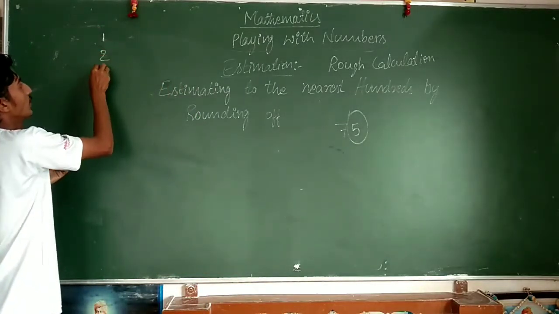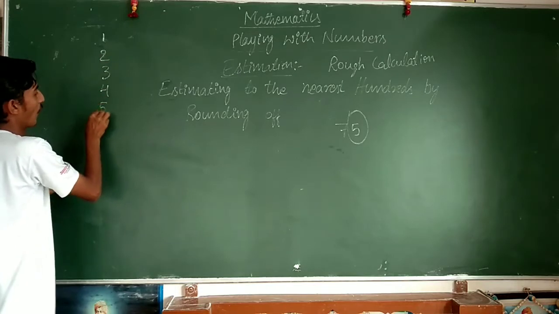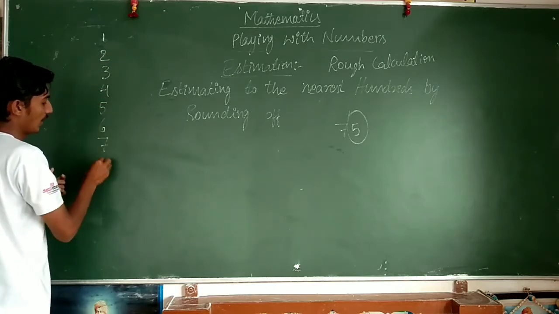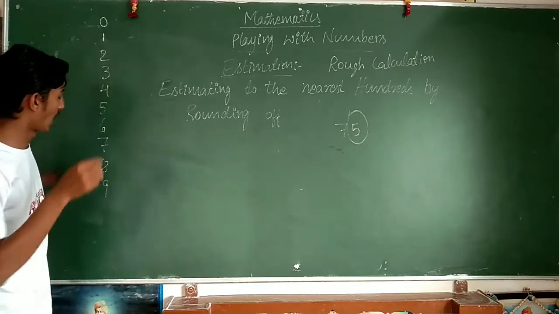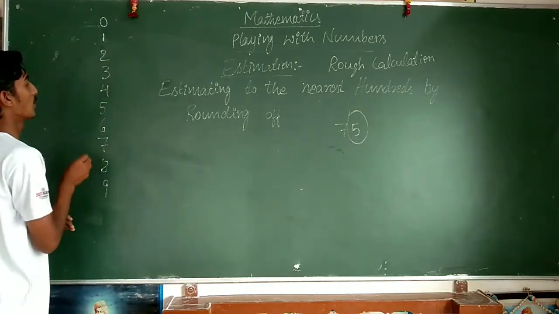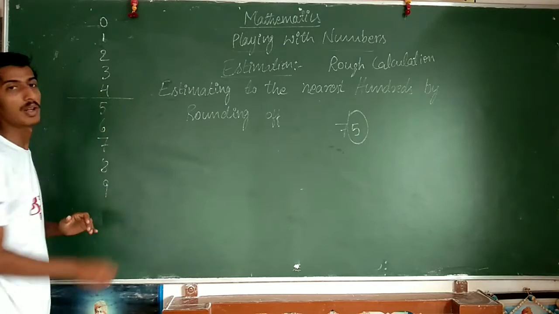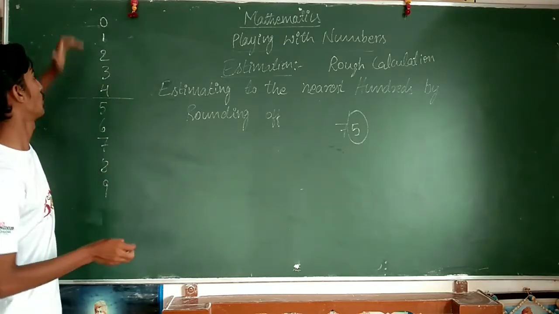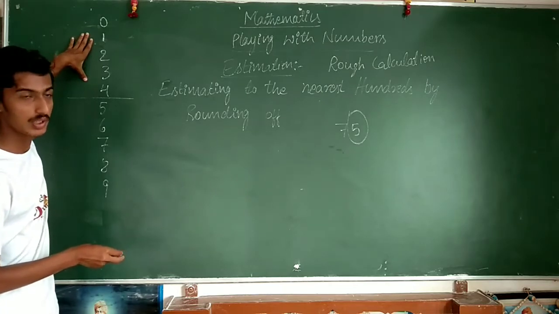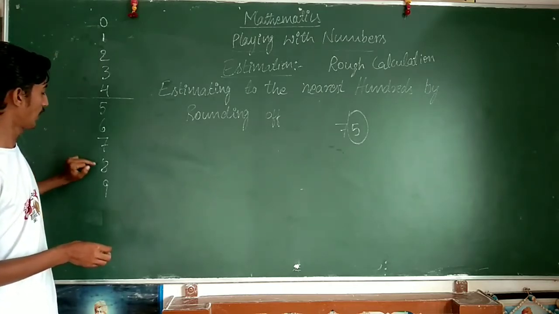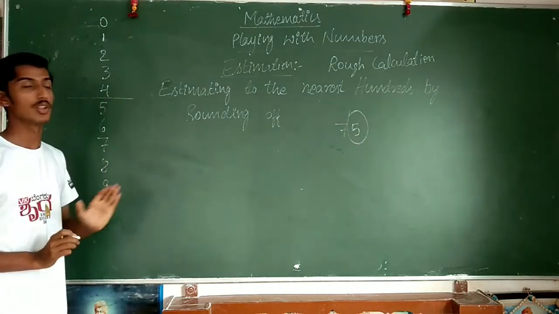Take the numerals 0 to 9. If we divide them into two divisions, each has 5 numerals. 0 1 2 3 4 is the first division. 5 6 7 8 9 is the second division.